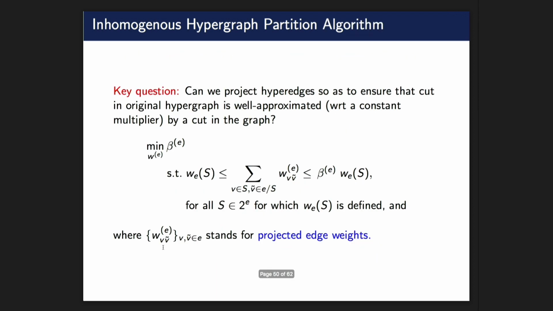So one theoretical result that was very hard to prove, but we managed to do so, is to show that when you do projections on higher order structures and then you do classical clustering on the graph, in some cases you can have a constant approximation of the cut costs in the hypergraph with respect to the cut costs in the ordinary graph.